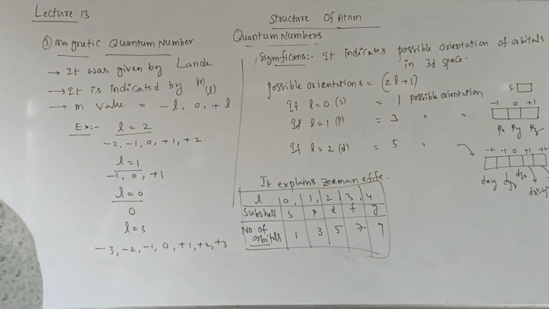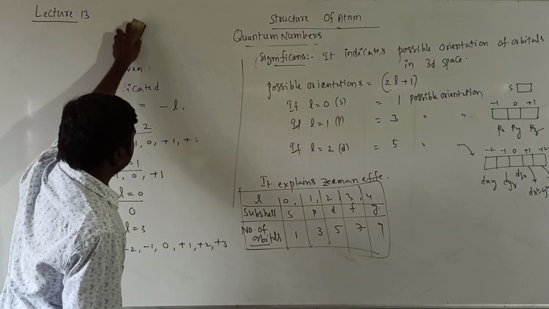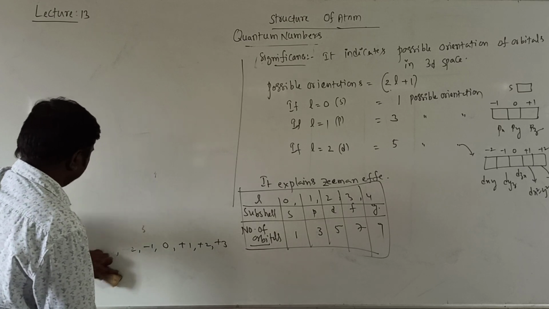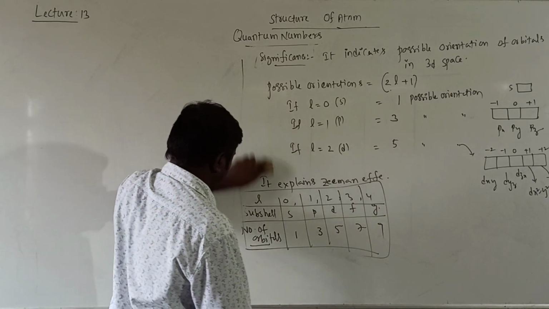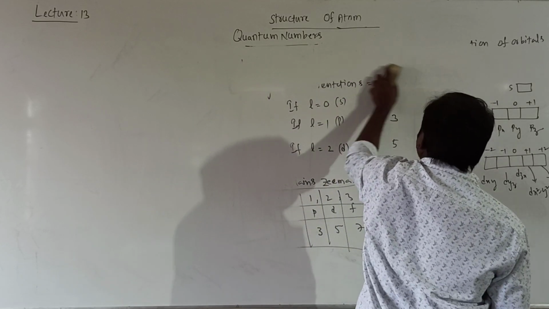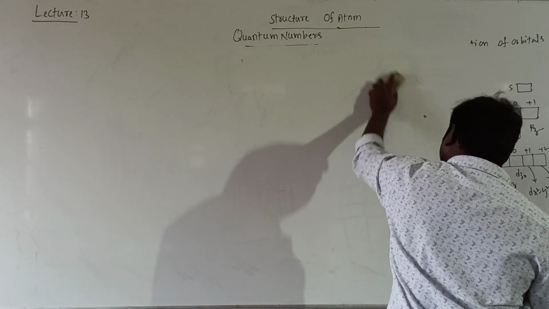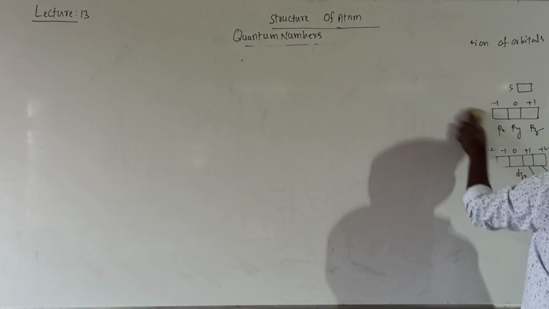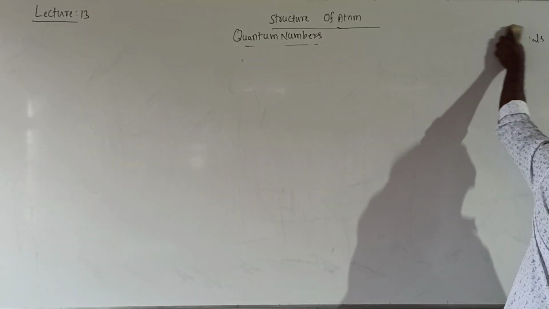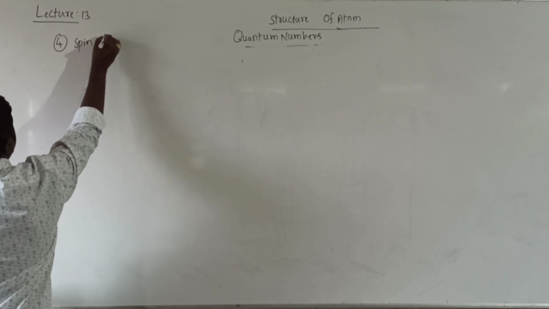Next is the spin quantum number. This is the last one, the fourth one, the spin quantum number.